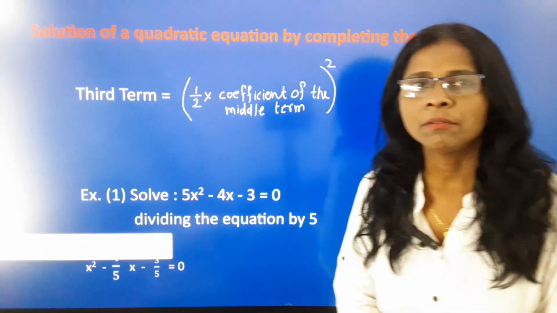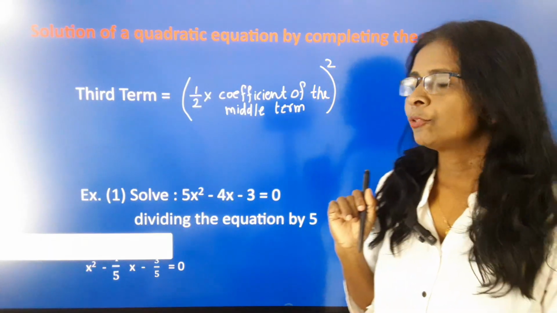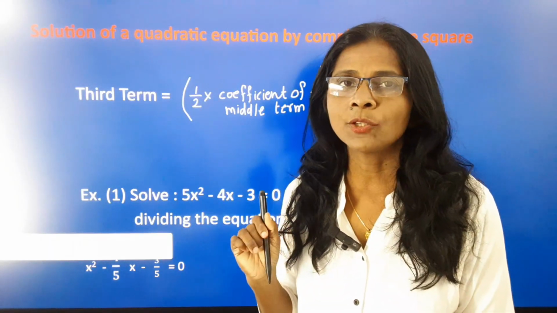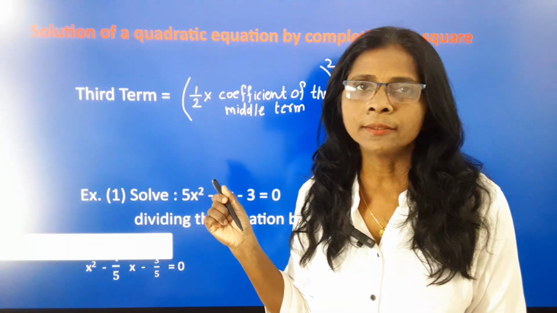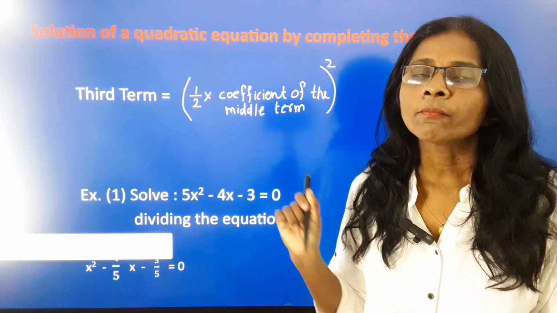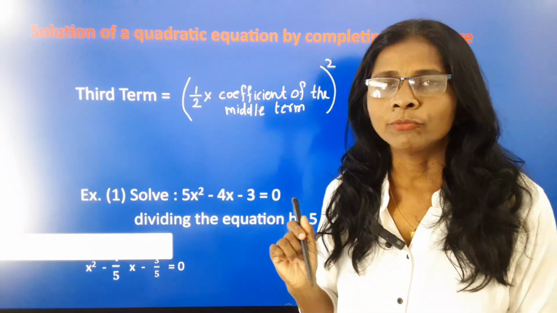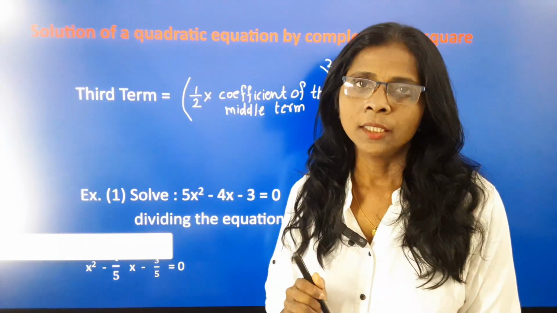This way we get the formula for the third term, and by getting the third term we can solve the quadratic equation with the help of the completing square method.